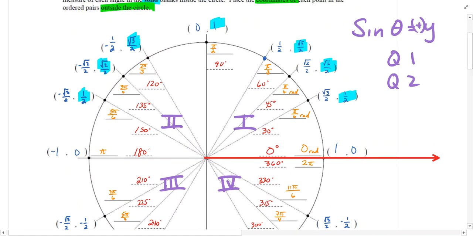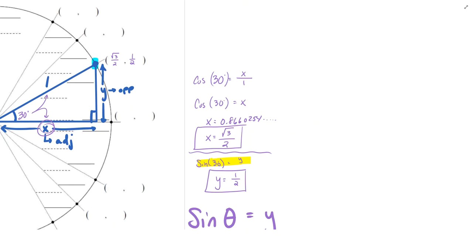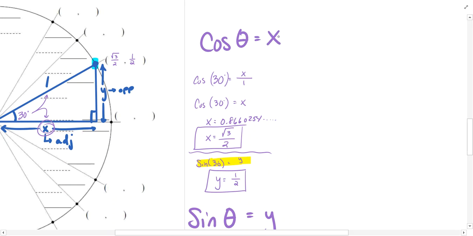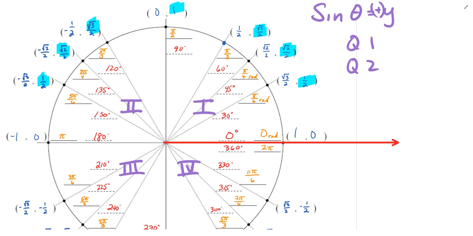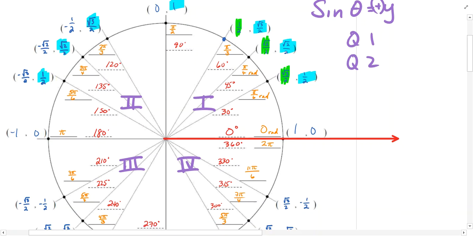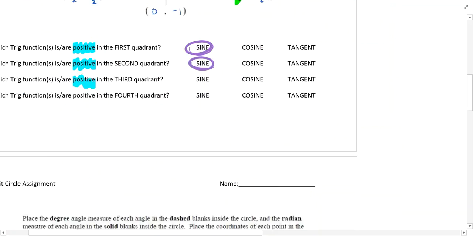Now, similarly, we noted that cosine was the method used to solve for our x component. And cosine of some angle measure will always be that x component. And as it turns out, our x components are positive in the first quadrant, not the second or the third, but also the fourth quadrant.